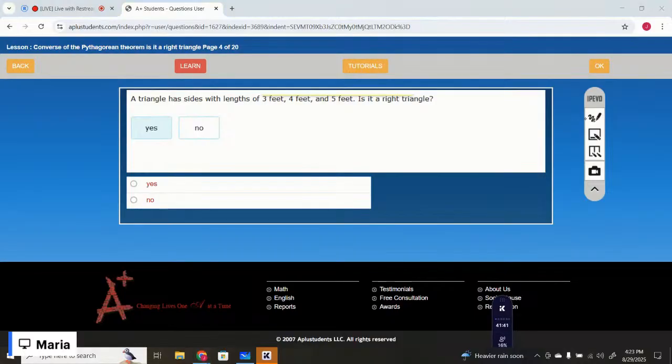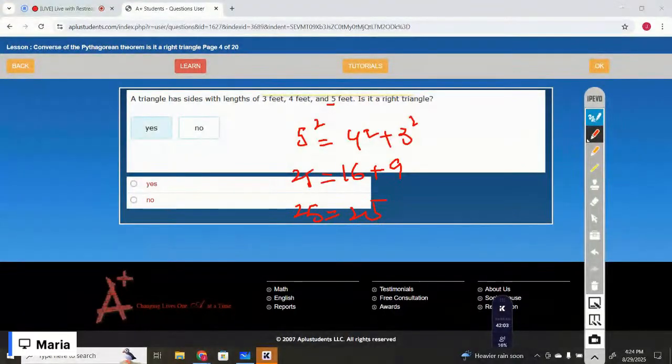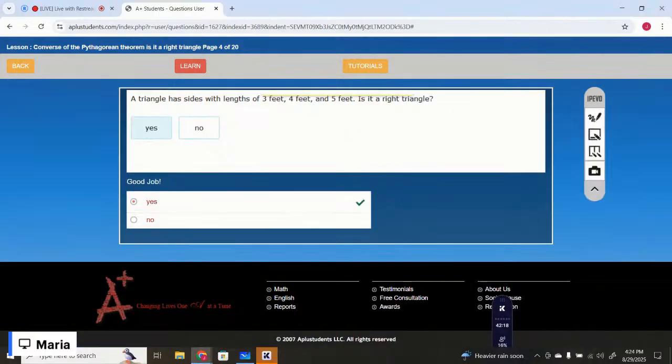So the longest side length is 5, so this is a right triangle. Option number 1 is the correct option.